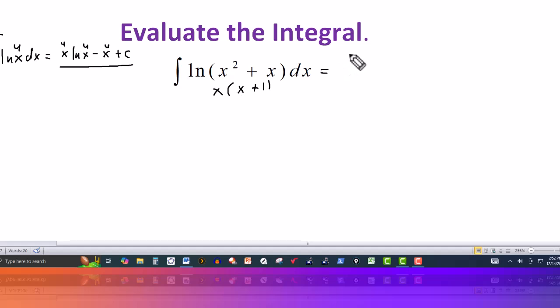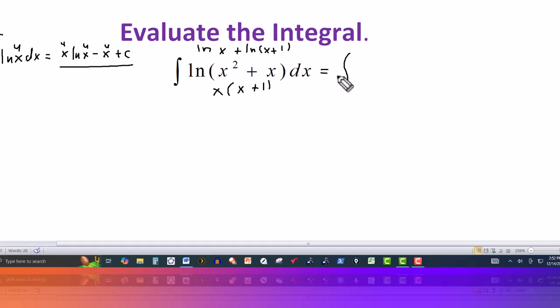So I'm going to rewrite this as the integral. This would be replaced simply by the log of x and the natural log of x plus 1, and that's going to be the integral of that sum.